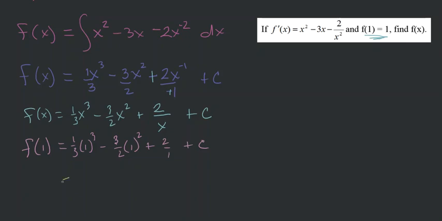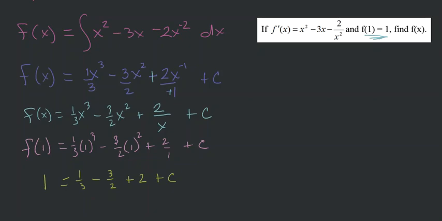So this will become 1/3, this will become 3 over 2, plus 2 plus c. Now I left this side empty because what does f of 1 equal? f of 1 equals 1, so we're going to put a 1 right there.